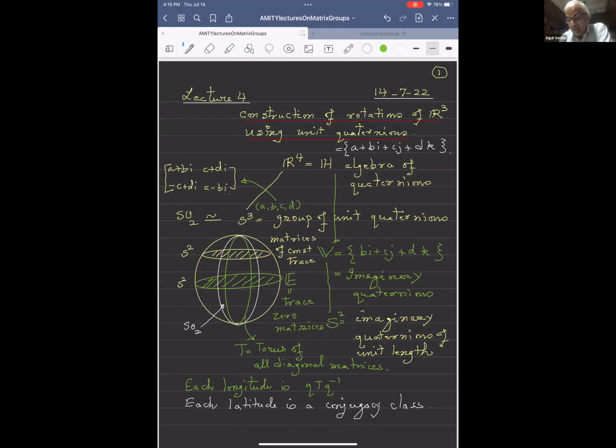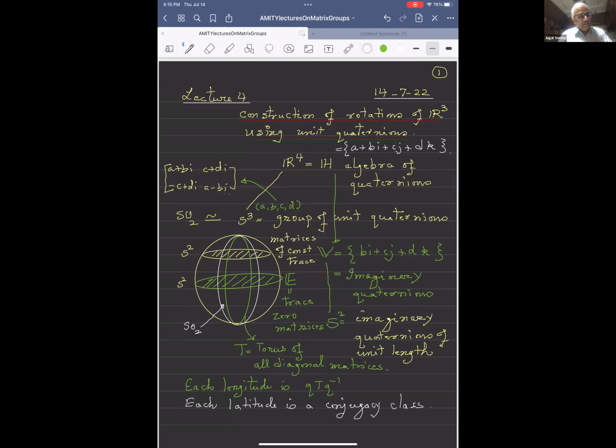So far you have understood that rotations of 3-dimensional space are linear transformations which are induced by matrices in SO3. The computation with matrices can be clumsy. Suppose you want to find the axis of rotation.